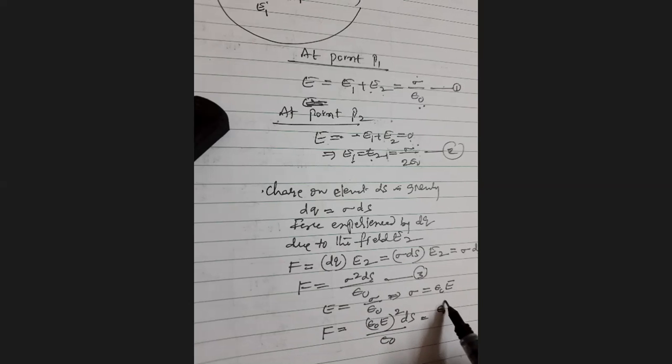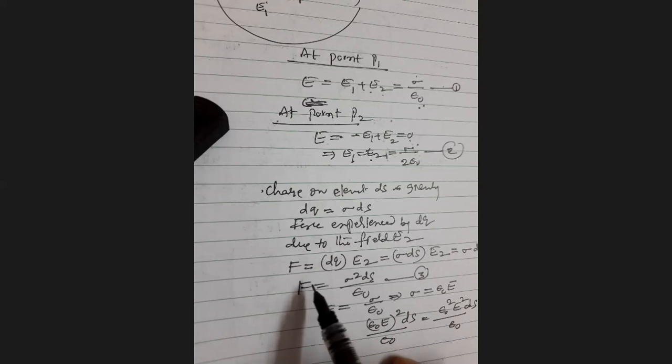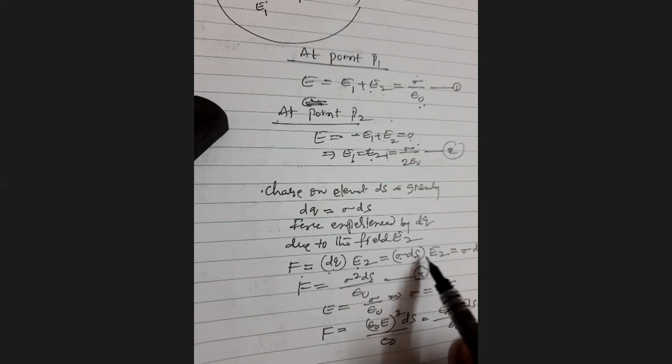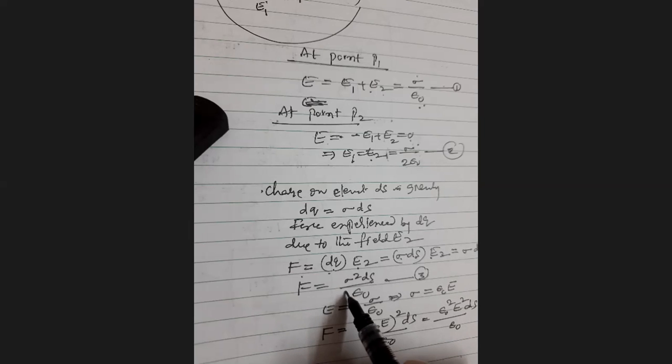Okay, let me repeat. F is equal to dq into E2, dq equal to sigma ds into E2, but E2 equals sigma by 2 epsilon naught. Sorry, let us correct this one. E2 equals sigma by 2 epsilon naught. So then F is equal to sigma square ds by 2 epsilon naught.